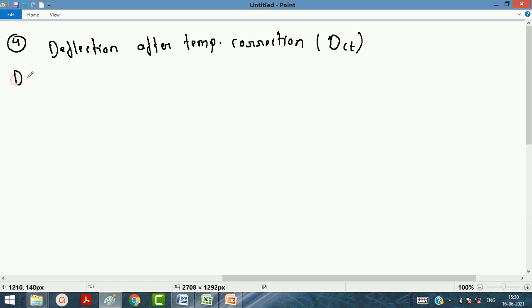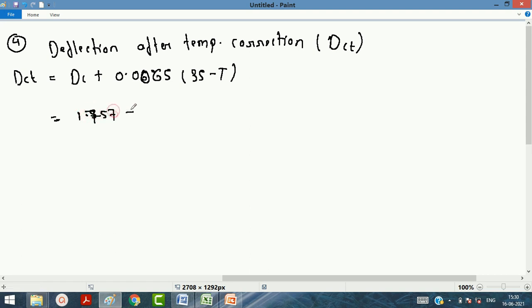The formula for dct is dc plus 0.0065 times (35 minus t). So dc, the characteristic deflection, is 1.757, plus 0.0065 times (35 minus 31.5 degrees Celsius). So dct we get is 1.779 mm.